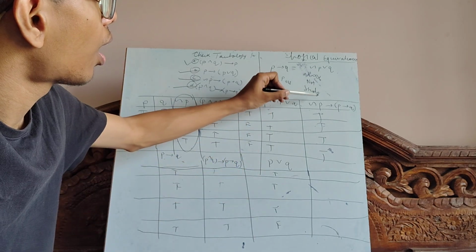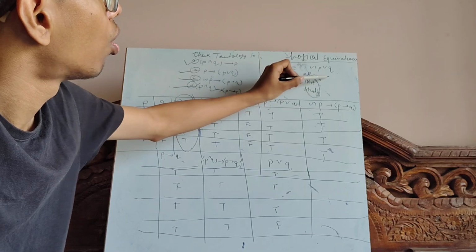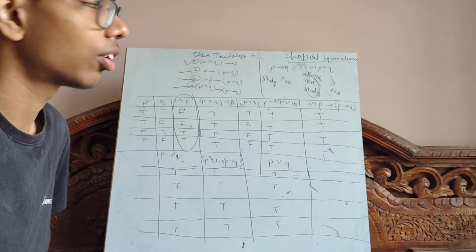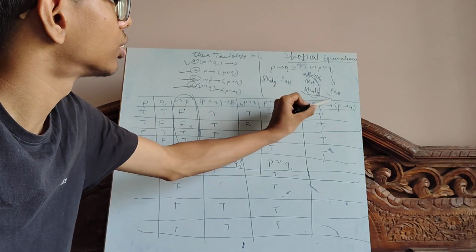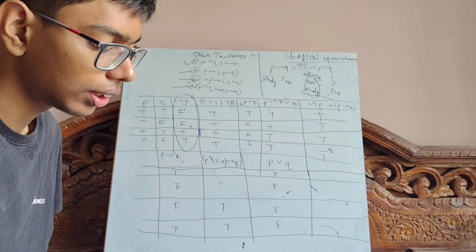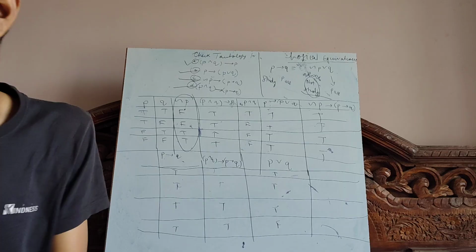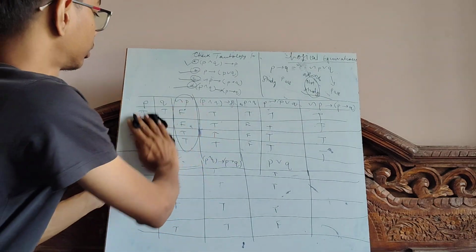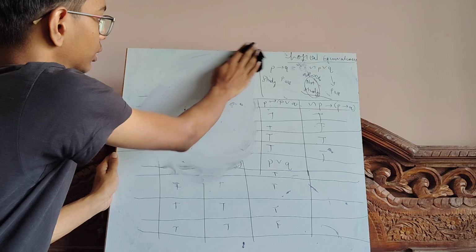So either I will not study or I will pass. Either I will pass or I will not study. This is also true. By this you can remember this, and then we will be discussing some more. I am erasing this.